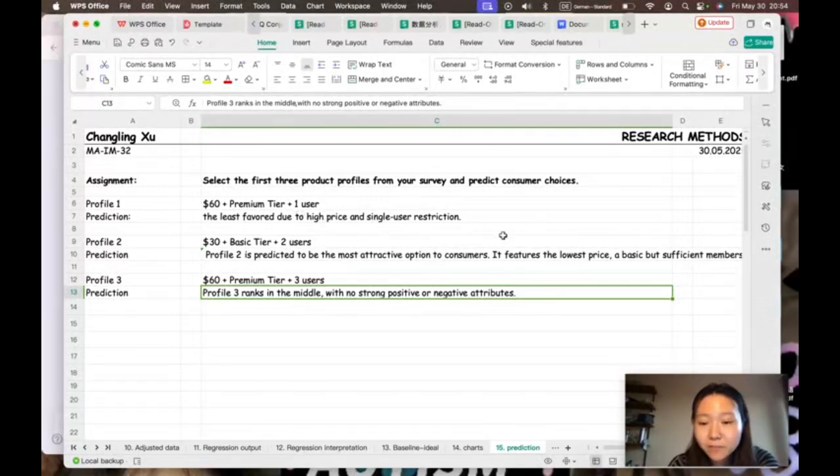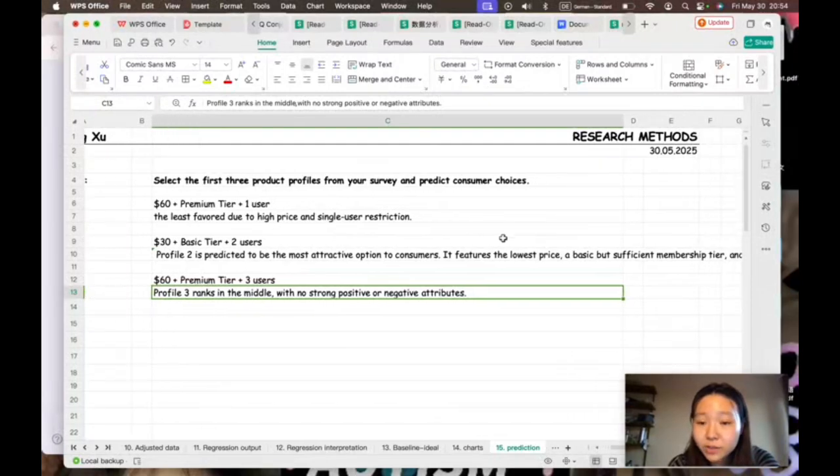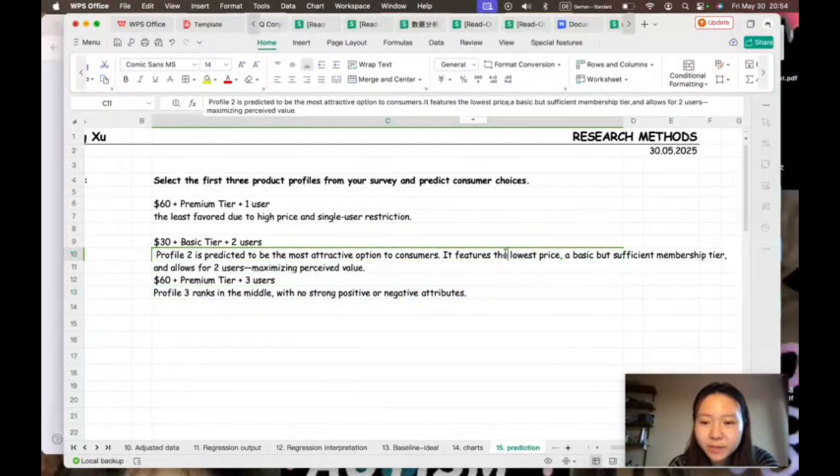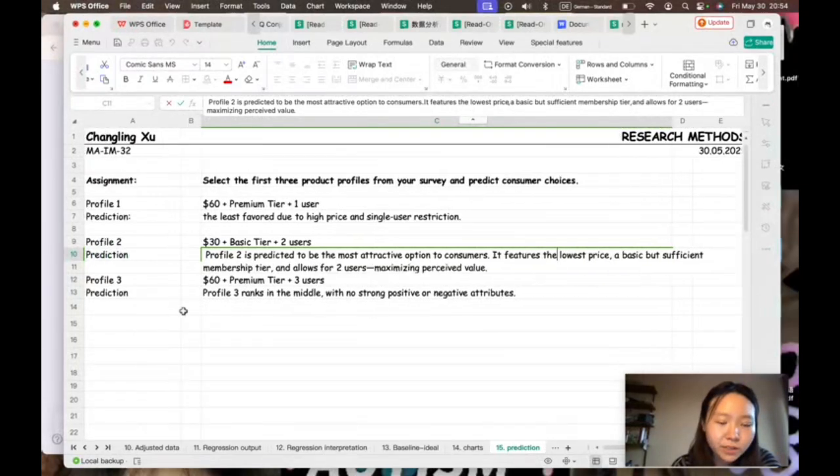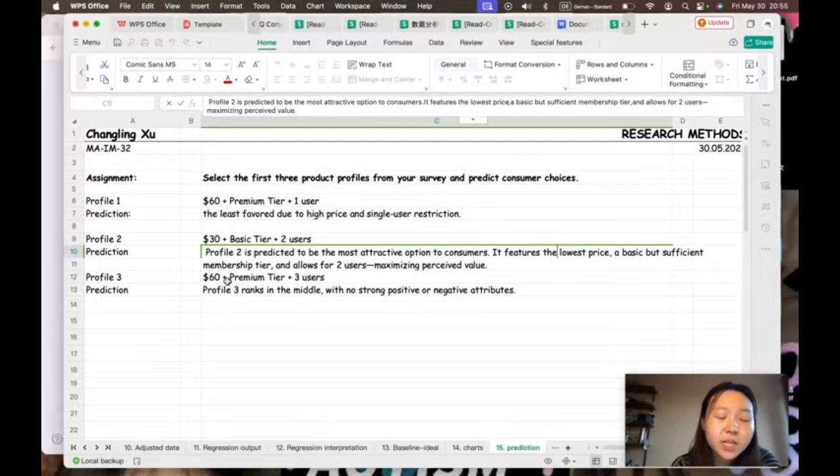It features the lowest price and a basic but sufficient membership tier, and allows for 2 users, maximizing perceived value. The last profile is $60 plus premium tier plus 3 users. This profile ranks in the middle, with no strong positive or negative attributes.